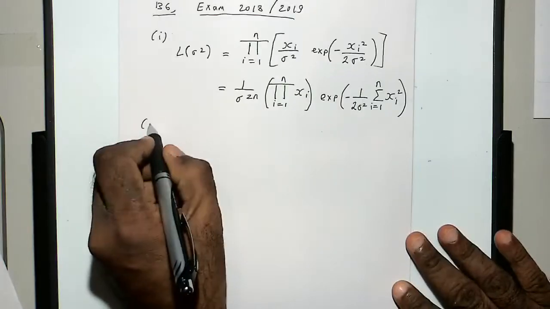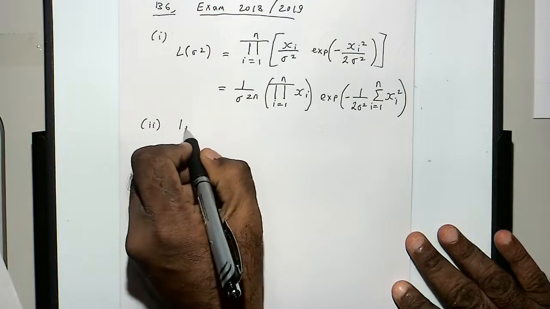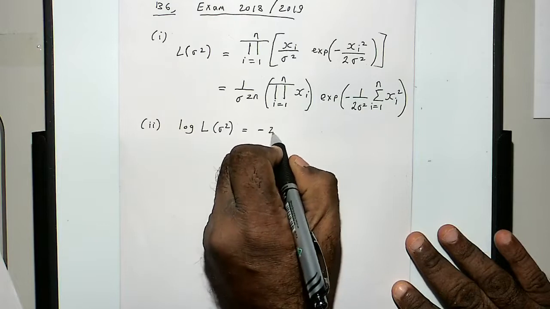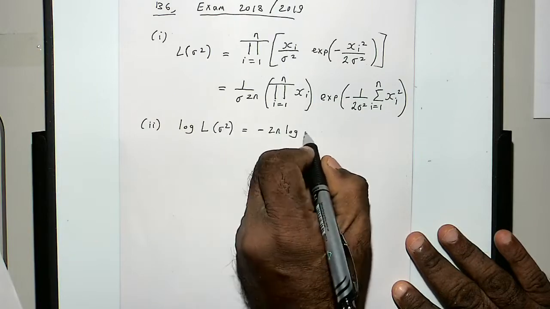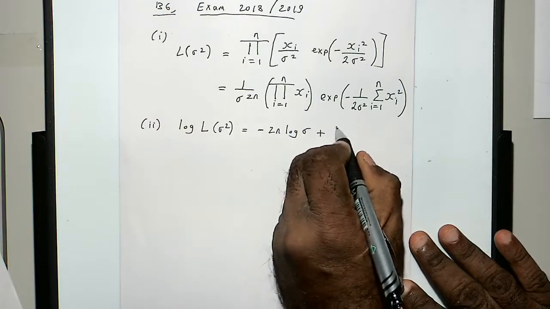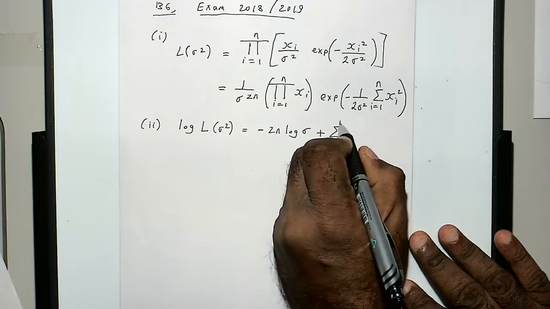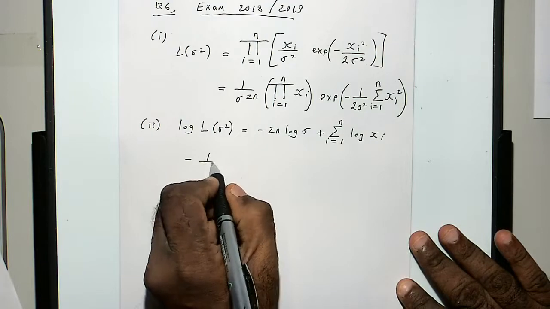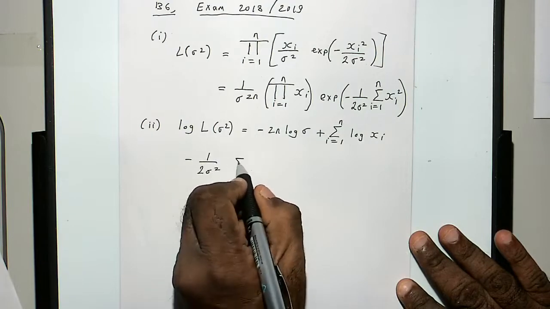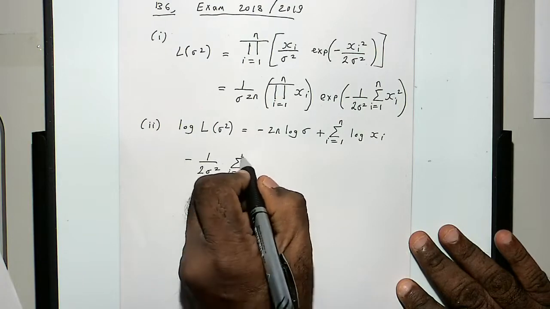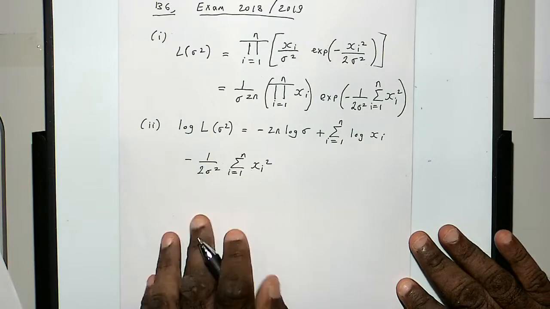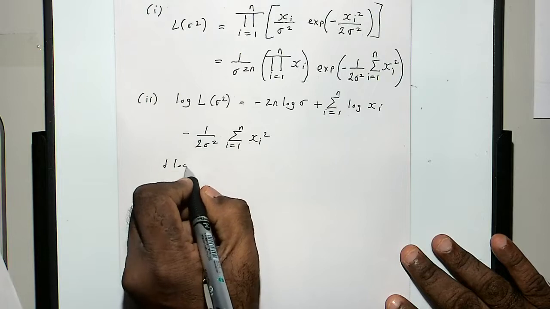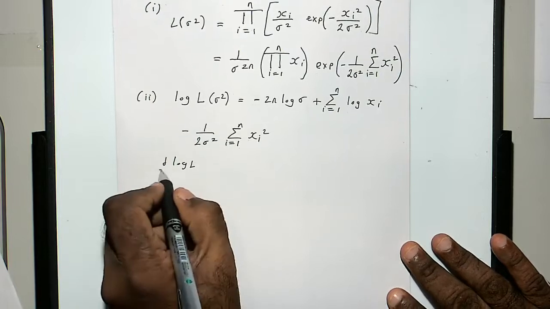To find the MLE, you take the log of the likelihood function, which is minus 2n log sigma, plus the sum from i equals 1 to n of log of xi, minus 1 over 2 sigma squared times the sum. And then you differentiate the log with respect to sigma squared.